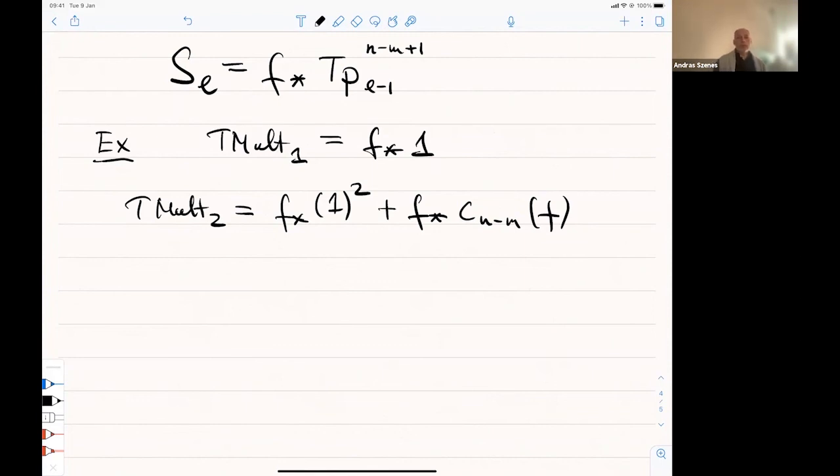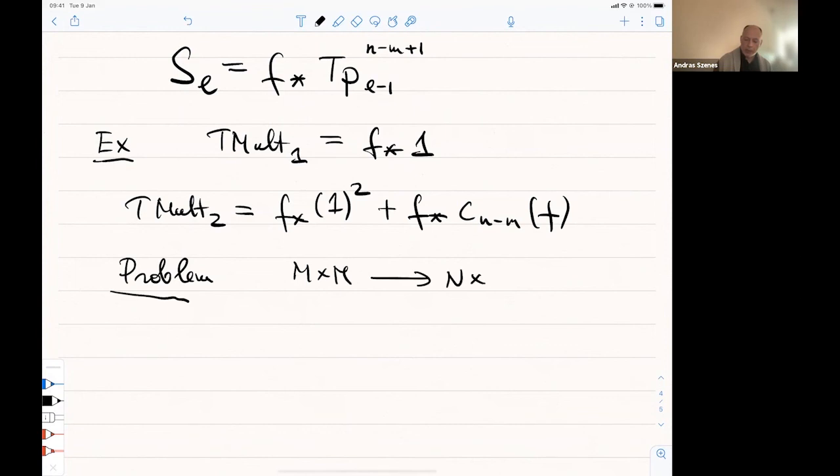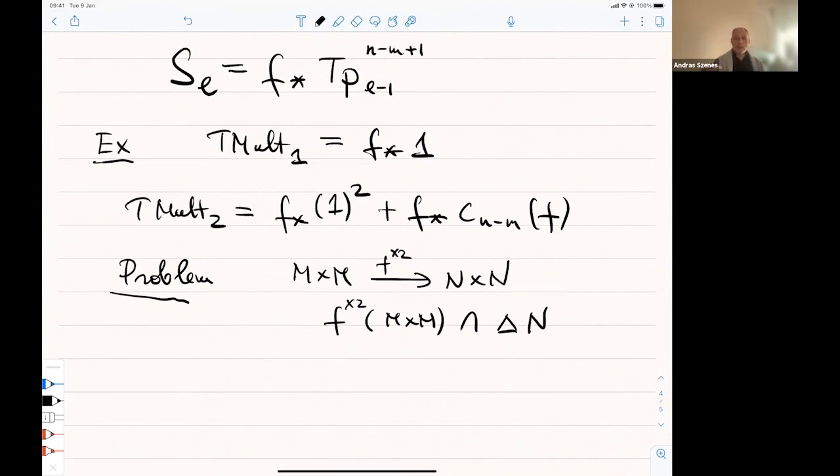The problem of calculating this, if you do it the very naive way, is that you look at M cross M going to N cross N, and then to calculate the multipoint formula you need to intersect the image of F2 on M cross M with the diagonal in N cross N. The problem is that in there you have the diagonal of M as a subset, and it's an excess intersection.